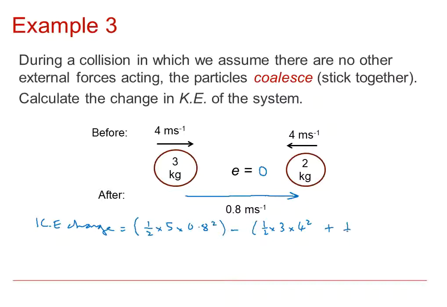And the other one was a half times 2, and even though it was going backwards, it's still its speed squared, which is 4 squared, which gives me a change in kinetic energy of minus 38.4 joules.